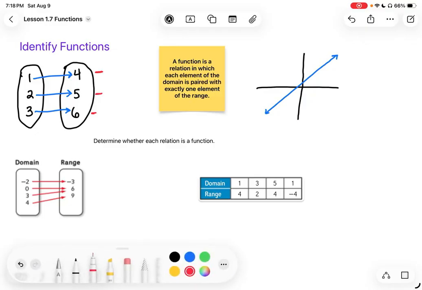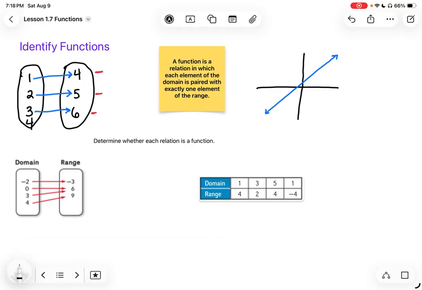In fact, I could even make things a little bit more complicated here. Let's add one more number, a 4 down here, and let's make the 4 match the 6 also. And this is still okay.